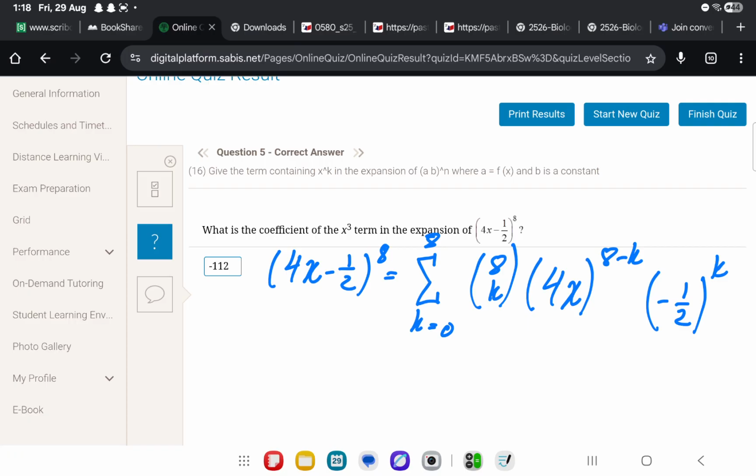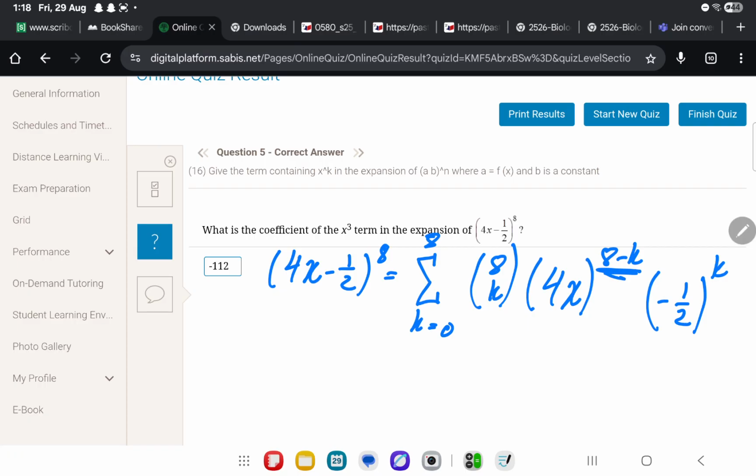So now, the x cubed term. For the x cubed term, what I always prefer is checking this condition here, 8 minus k: where you see an x, it has to have a power of 3. So what do I mean?